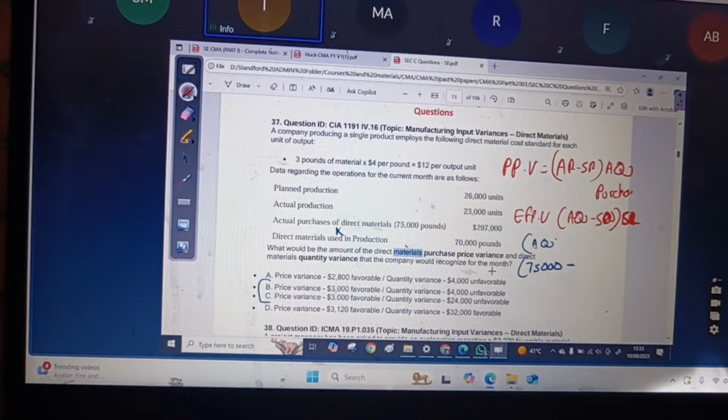Answer. So this is actual quantity, standard quantity. Standard quantity of input allowed for actual output. That is a formula. Standard quantity of input allowed is where? You got the question. This is the actual output. So then standard input allowed.